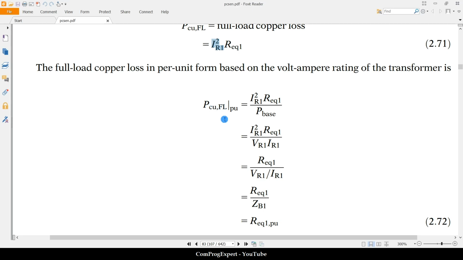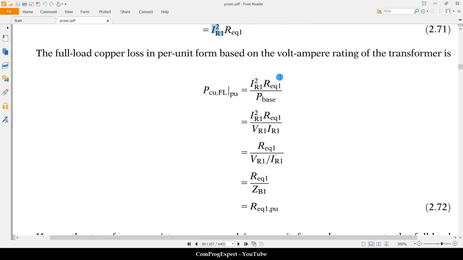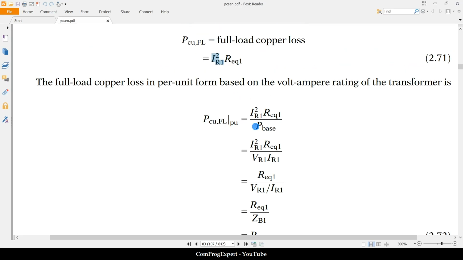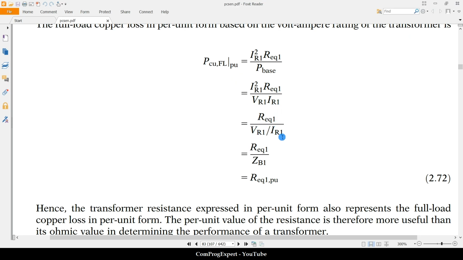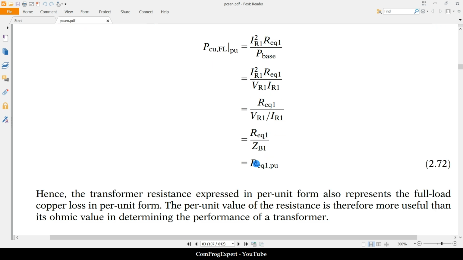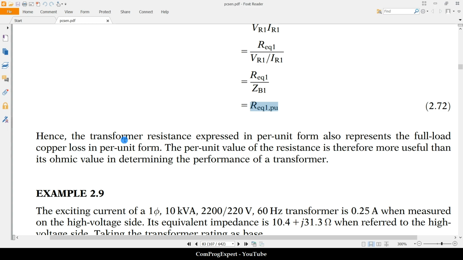So how much is the per unit value? We need to divide it by the apparent power, the P base. P base is V rated times I rated. You can simplify this fraction, and finally we will have this. The transformer resistance expressed in per unit form also represents the full load copper loss in per unit form.